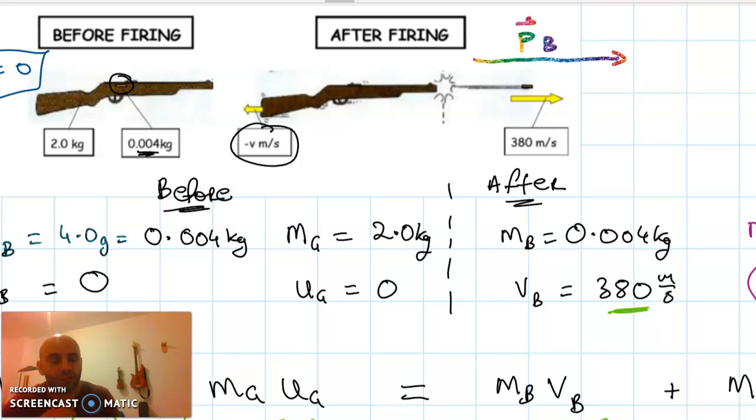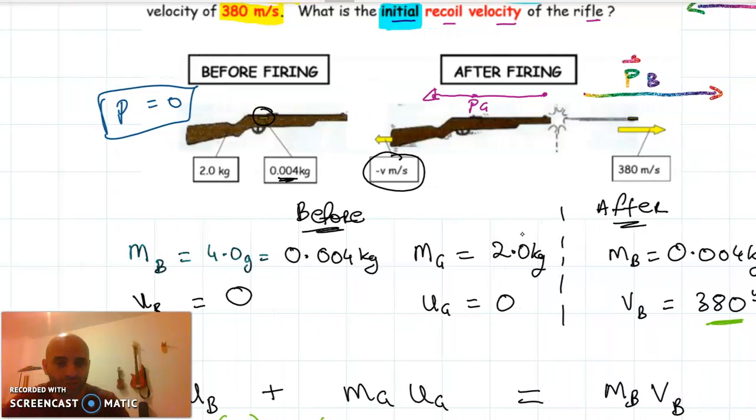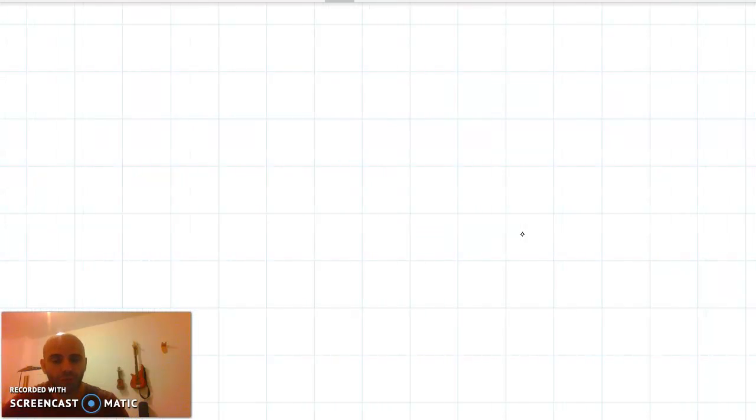Then the momentum of the gun has to be this much to the left. That way, the momentum of the gun cancels out the momentum of the bullet. So the net effect is that the total momentum after the explosion is also zero.